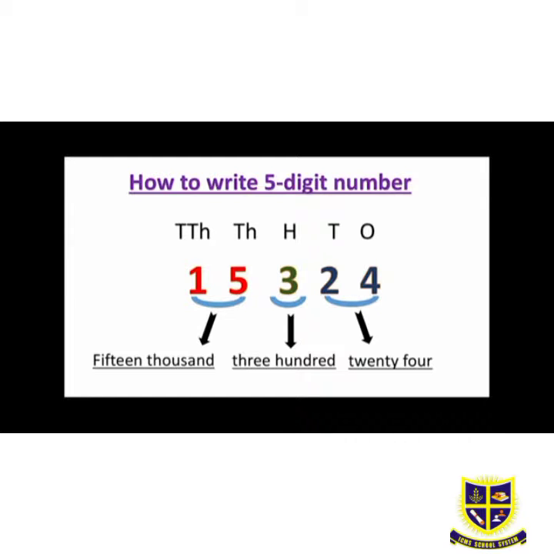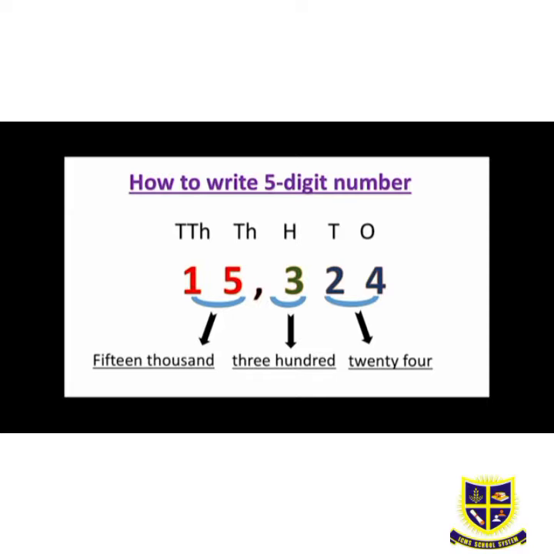So don't think it's difficult to do. It's actually very simple. You just need to divide the number into 3 parts: first by taking 2 digits, then 1 and then 2. So 2, 1, 2. This is how you divide it.